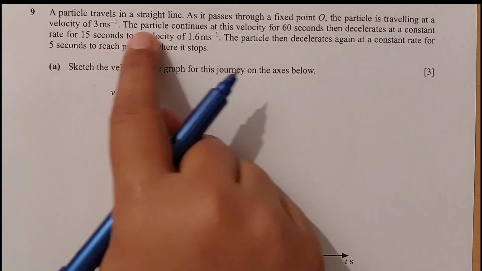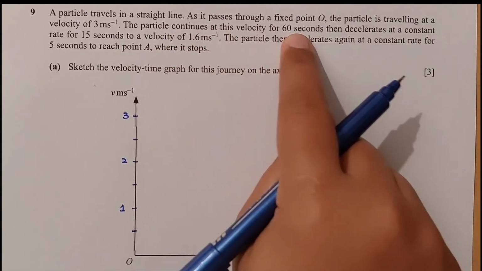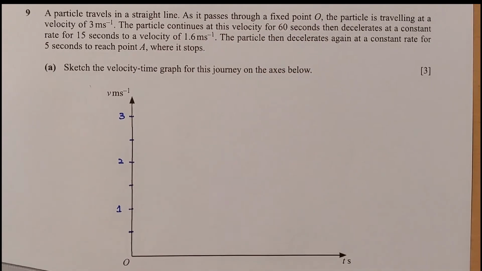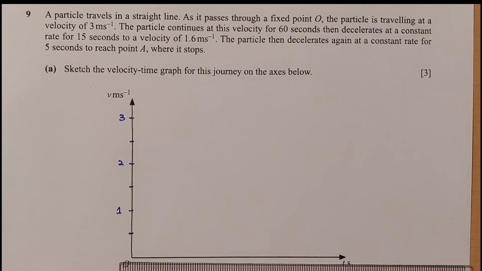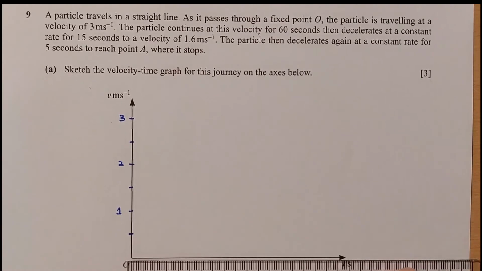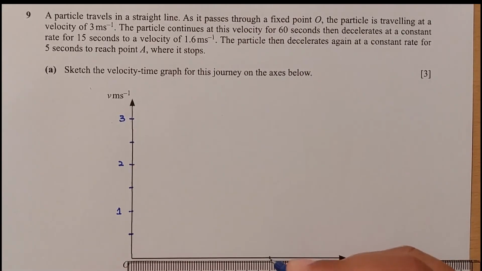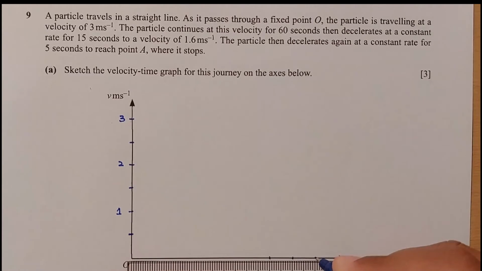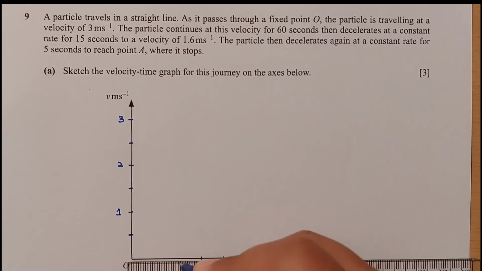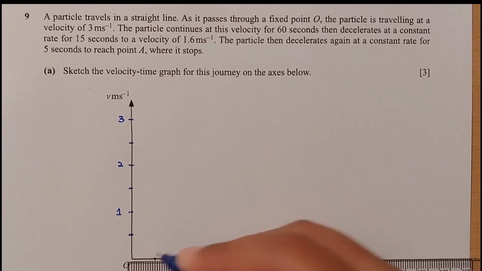The particle continues at this velocity for 60 seconds. So we have been given this information. The time is 60 seconds. So here we have 60, 70, 80, and 50, 40, 30, 20, and 10, right?